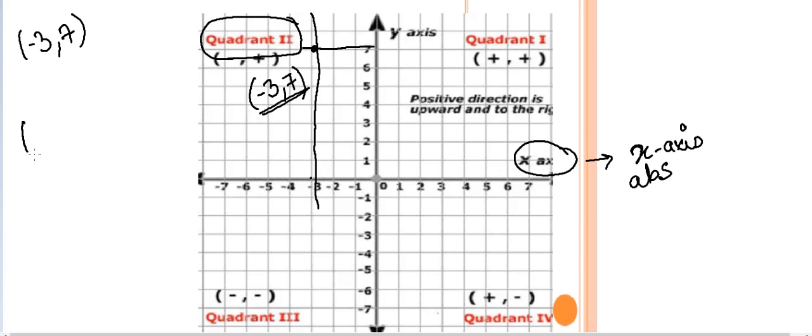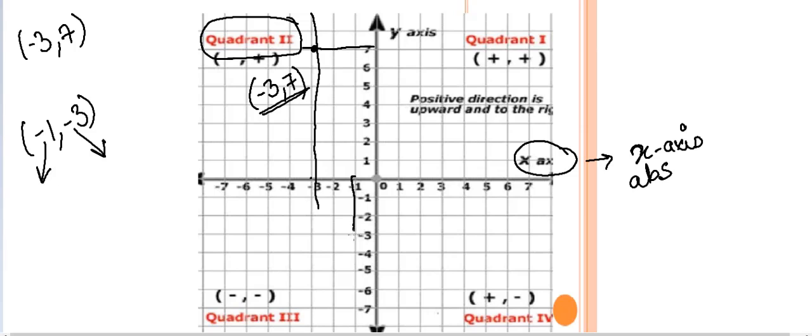Let us take another example, (-1, -3). My x is -1 and my y is -3. So it will be plotted somewhere here. You don't have to remember these, right? This is positive, this is negative. You can easily plot it by looking at the numbers. See, my number is -1. So -1 is here on the number line.